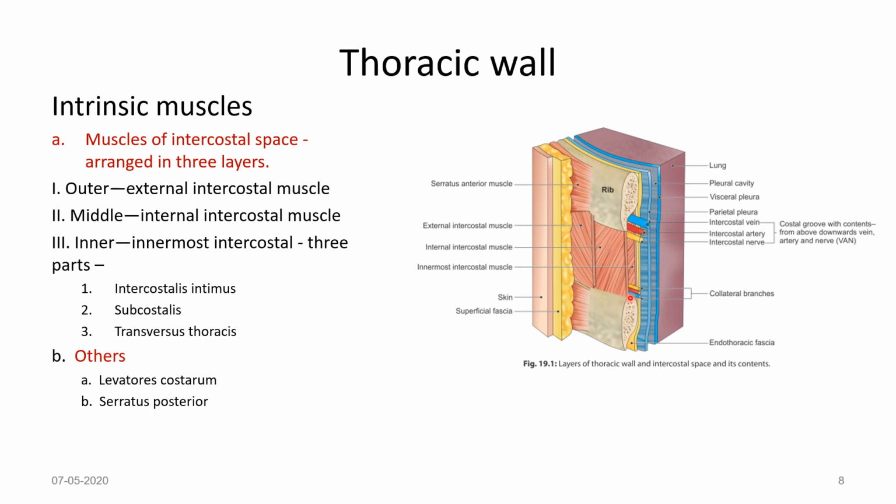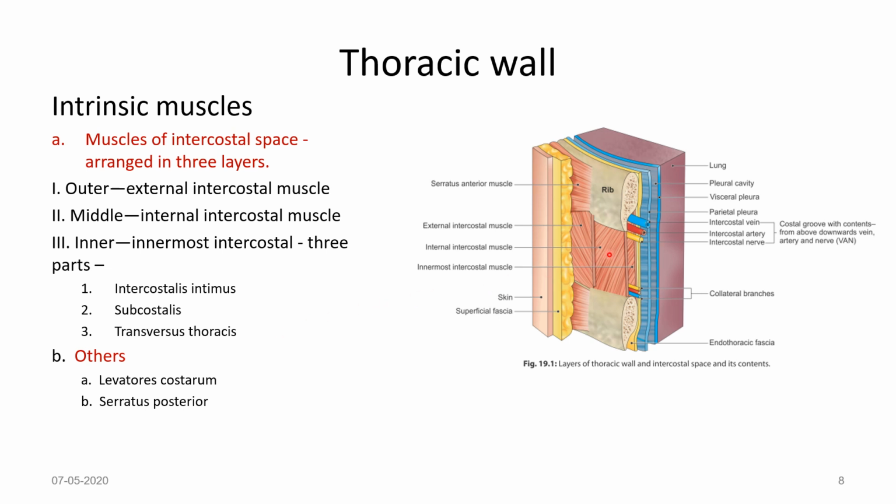Then the innermost intercostal muscle. This muscle has 3 parts. They are the intercostalis intimus, subcostalis and transversus thoracis.